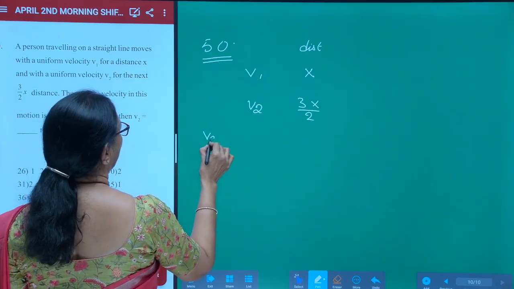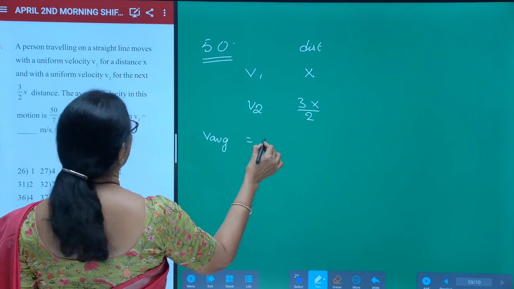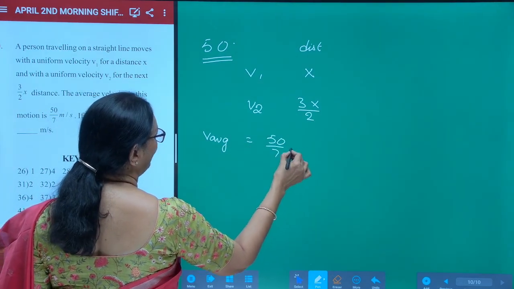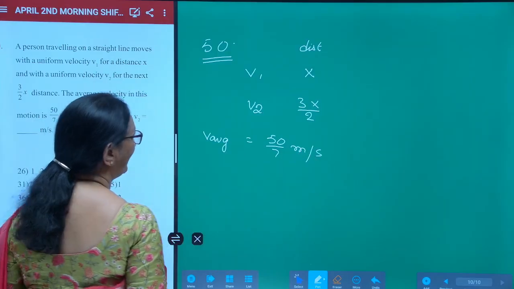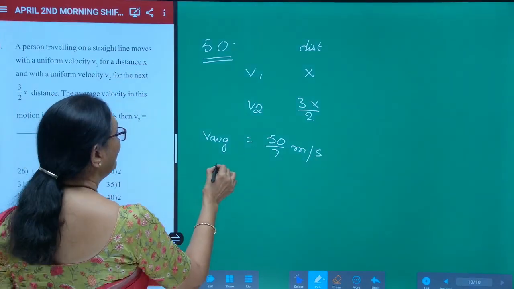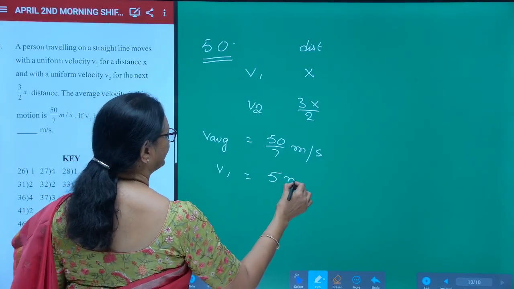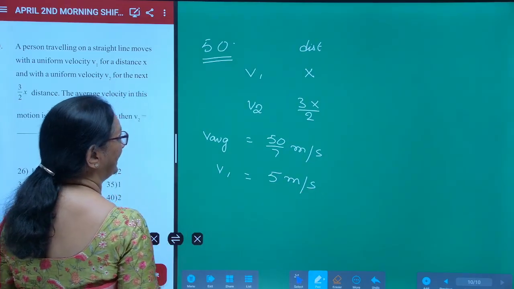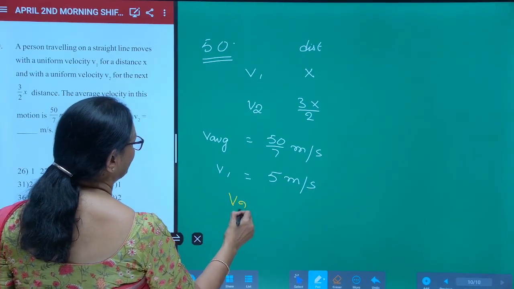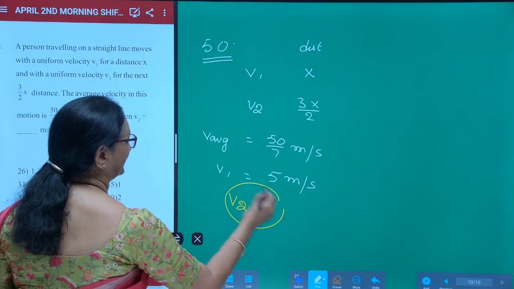Average velocity is 50 by 7 meter per second and V1 is also given as 5 meter per second. Find V2, that is the question.